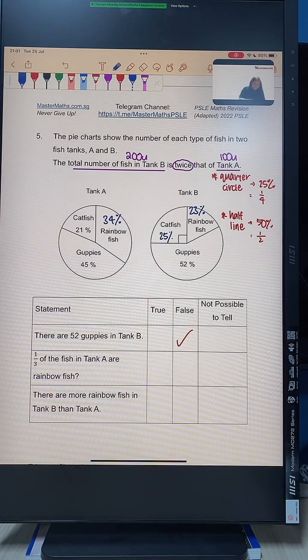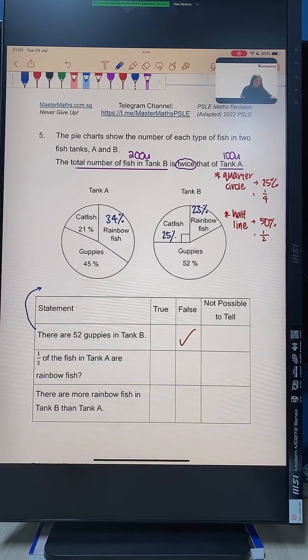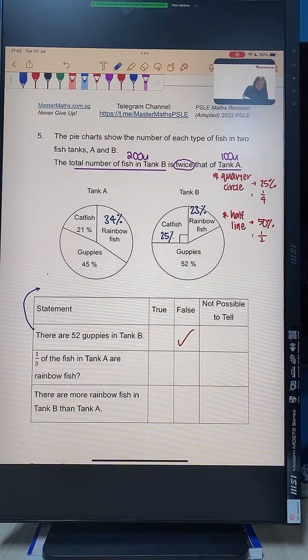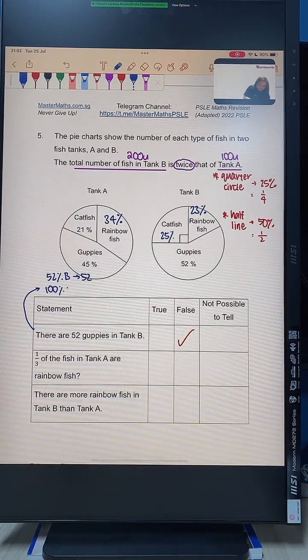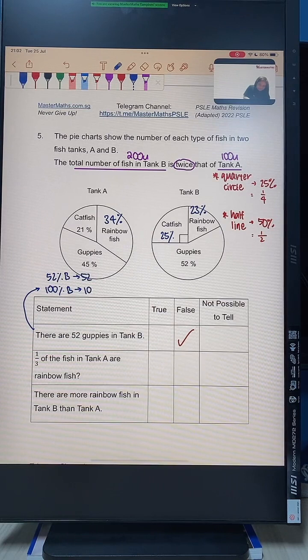Let's say there are 52 guppies in tank B. If there are 52 guppies in tank B, that means 52% of B is 52 guppies, right? That means 100% of B, all the fish in B, is 100. There are 100 fish in B. Agree?